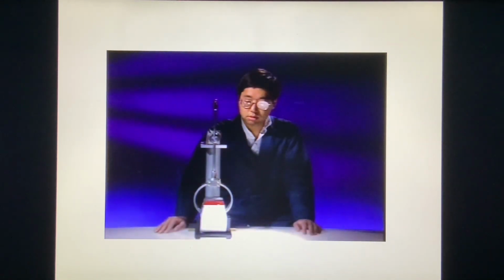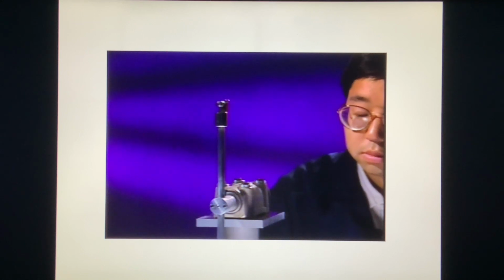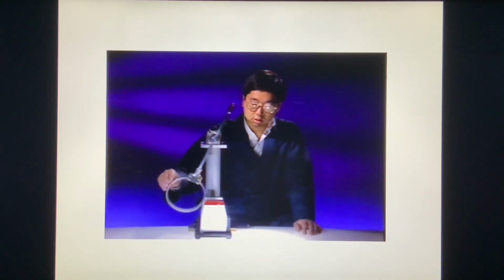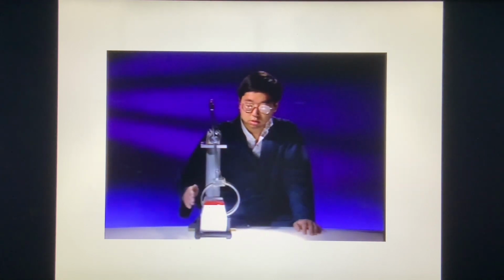When a wire coil swings between the poles of a magnet, a voltage is generated in the coil. We'll use this coil connected to a small light bulb to show how that voltage changes as the speed of the moving coil is increased. If we swing the coil into the magnet slowly, the light bulb does not react.